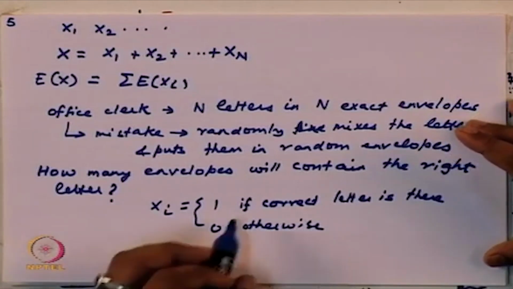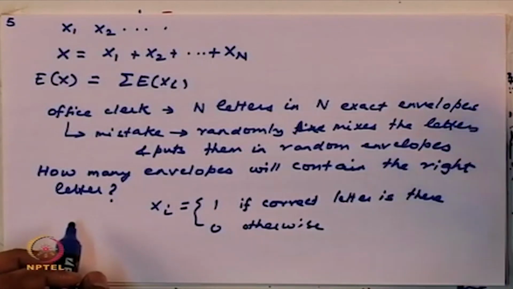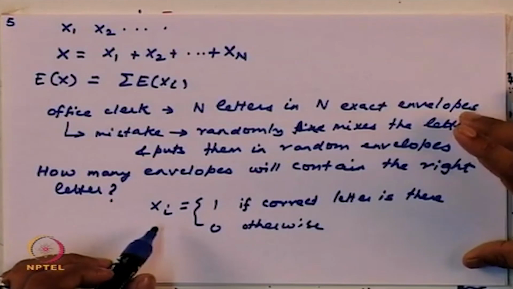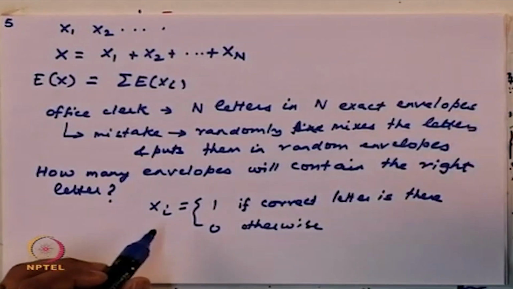If you have n letters and n envelopes, what is the chance that you will put the correct letter? If you choose one letter from n letters and put it in one envelope, what is the chance that the envelope will have the correct letter? There is only one possibility out of a total of n.